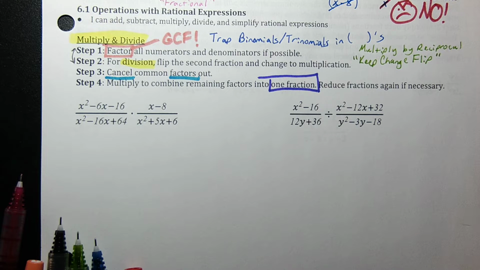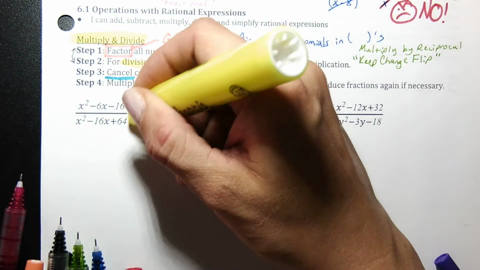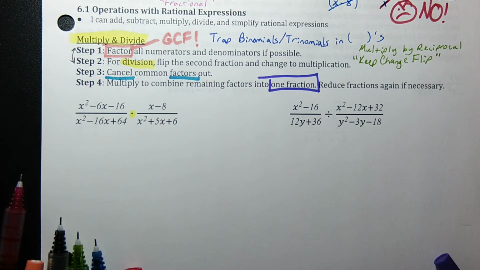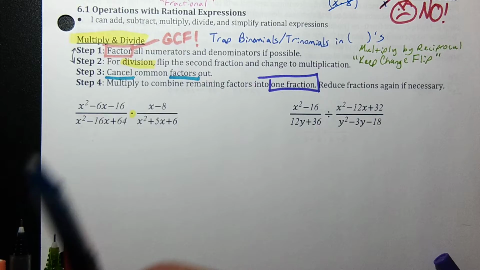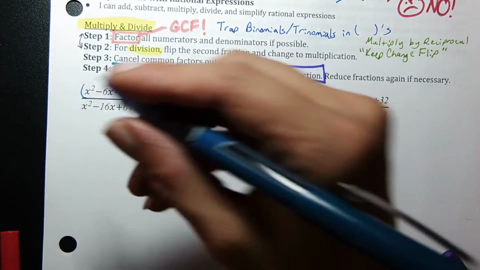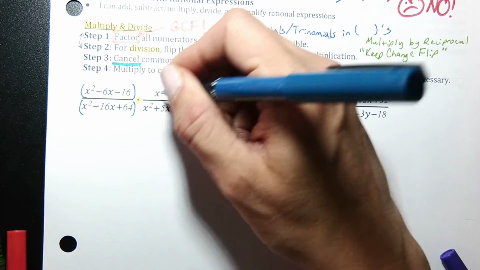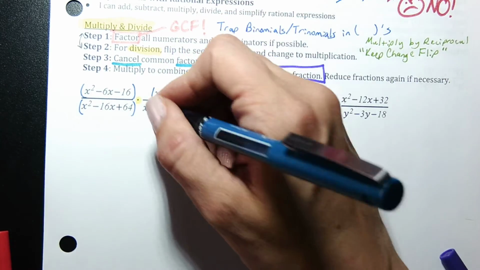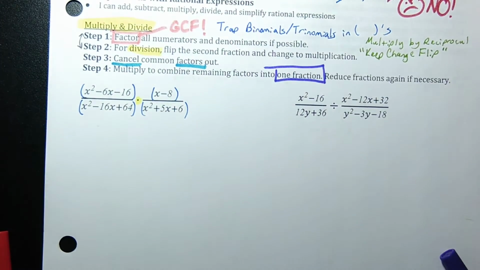So looking at that first problem, looking at that first fraction, what's our operation between those two rational fractions? Multiplication. So there's no keep, change, flip business. Instead, we can go straight to factoring these. Well, maybe before we move into the actual factoring, let's go ahead and trap that trinomial in parentheses, and that trinomial, and that binomial, and that other trinomial.